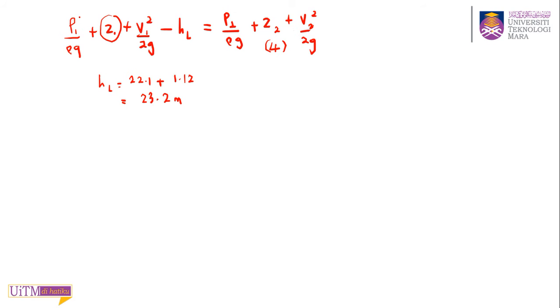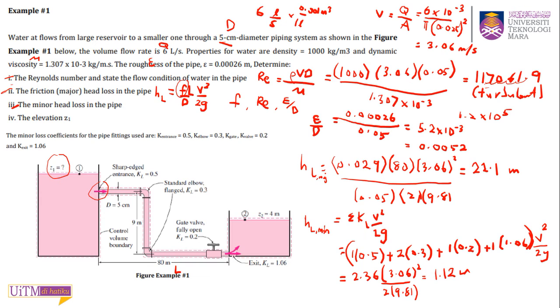From the equation. What is the value? There is none. What do you mean there is none? It is open. Meaning zero.